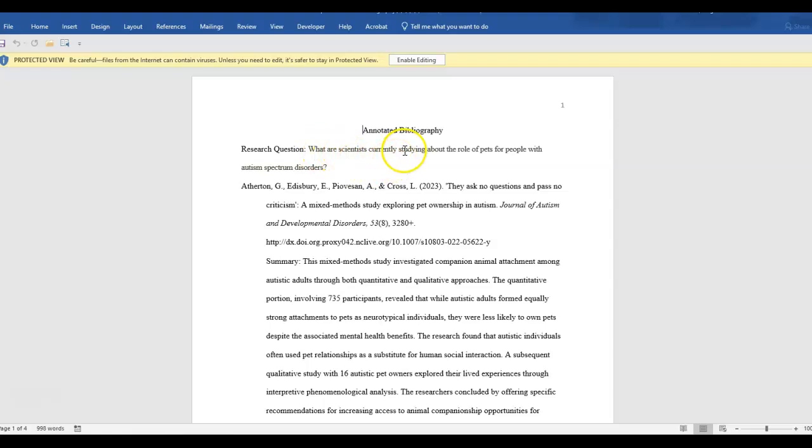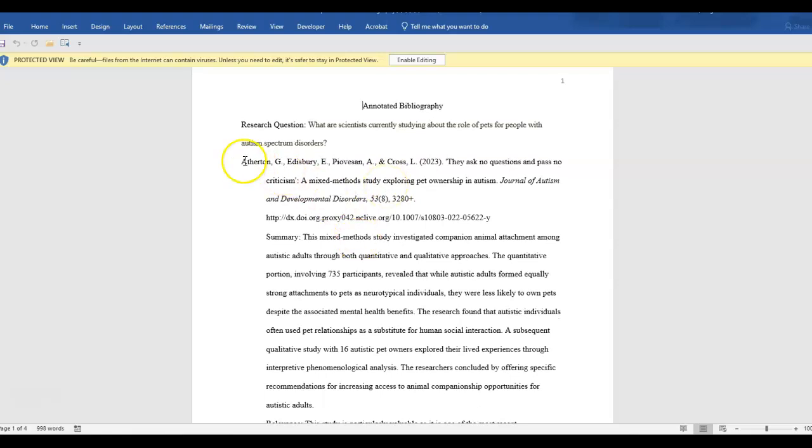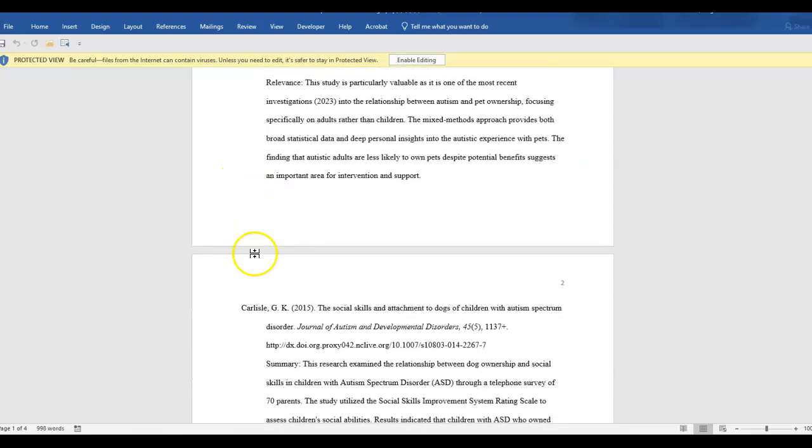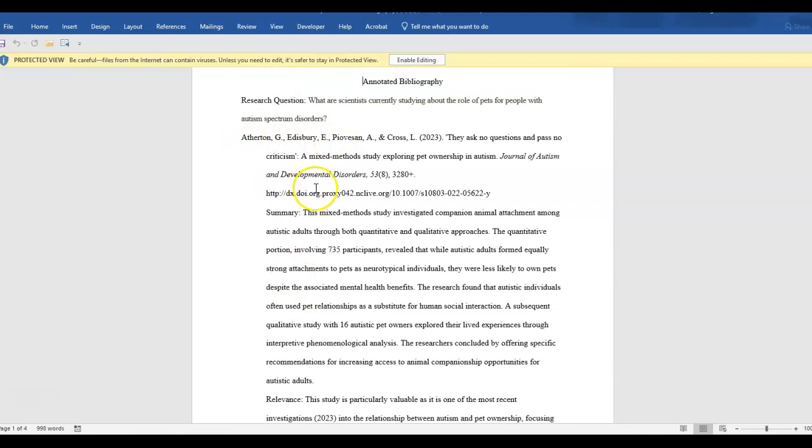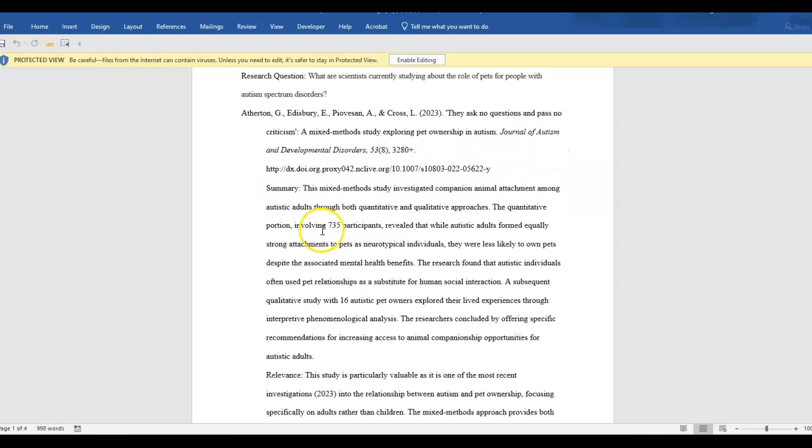What are scientists currently studying about your topic? You'll note your annotated bibliography uses hanging indent, and your citations will be alphabetized. So you'll include your APA citation, and then your summary, and then your relevance section, and you'll note these are aligned with the hanging indent.